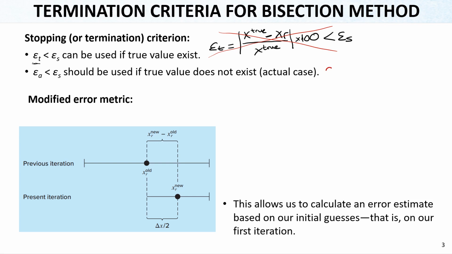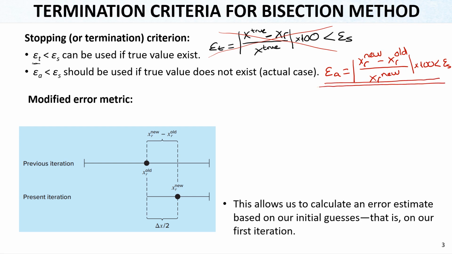That's why we calculate epsilon A, and we will use xr, the predicted values, because we don't know the true value. xr new, or the current, minus xr old, or the previous, divided by xr new, times 100. So we want this to be smaller than epsilon s. And this is a pretty good termination criteria for us now. At each iteration, we calculate this error by comparing with the previous value.